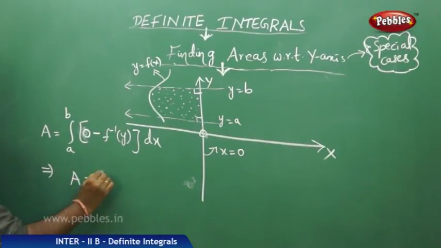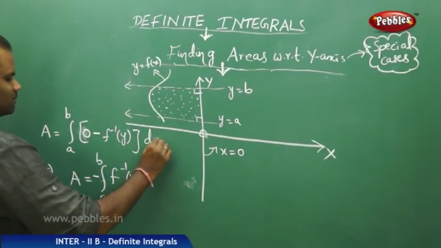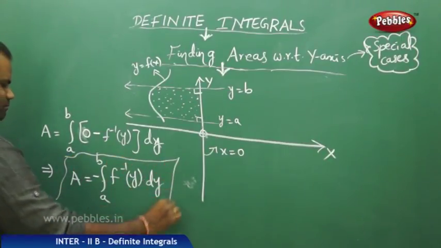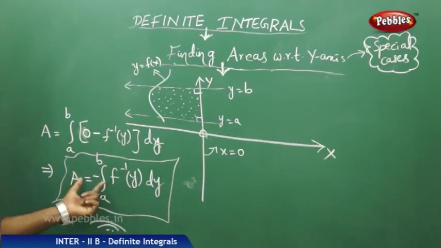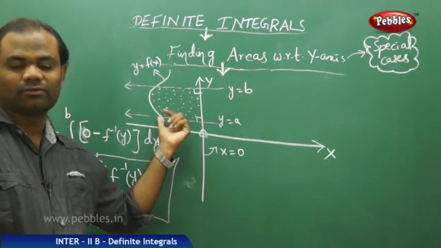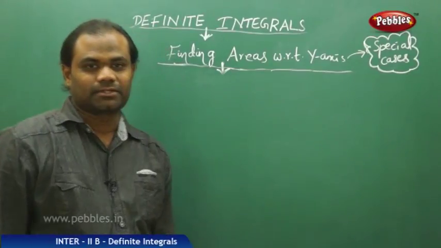That implies the area is the integral from a to b of minus f inverse y dy. This is how we get the area with a negative sign, because the curve is on the left side of the y-axis, the negative side of the x-axis.